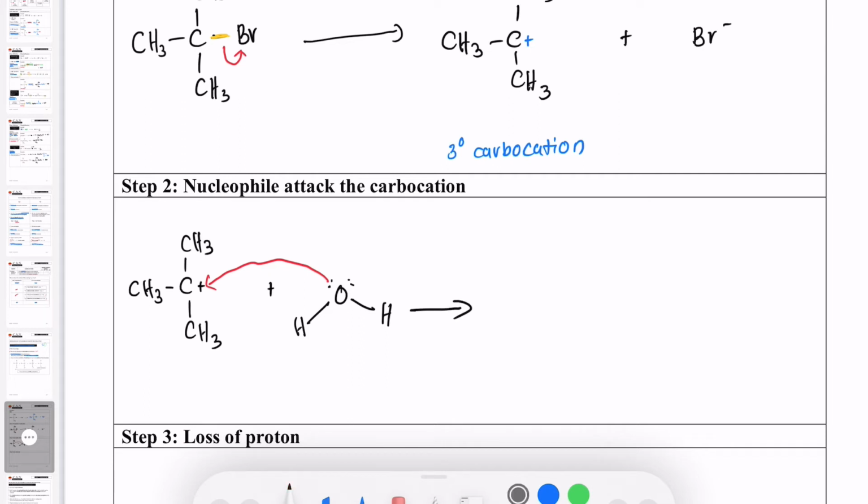Maka kita akan dapat CH3, CH3, CH3, O, H, H, dan ini akan jadi positif. Ini kita punya nukleofil, water tadi.